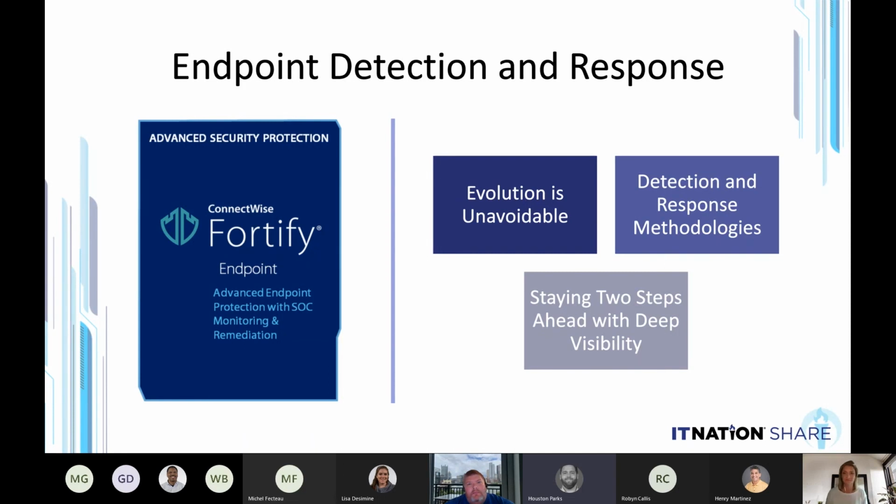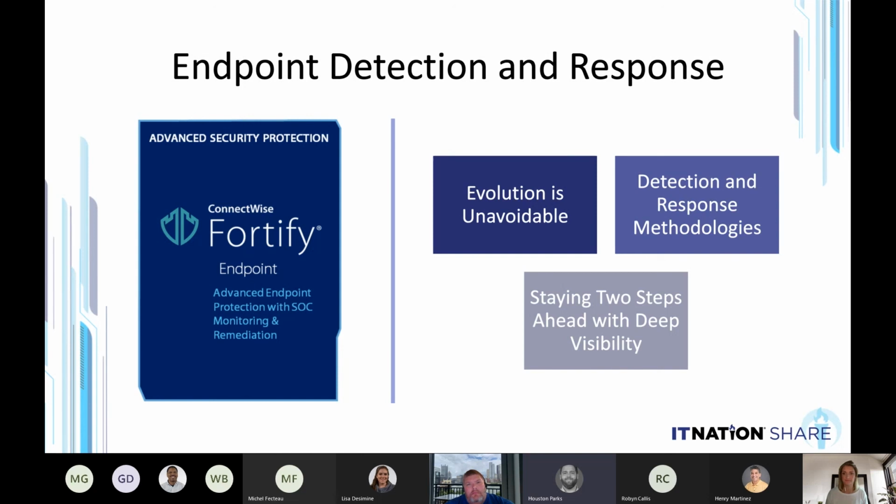enables the MSP as well as the SOC analyst with the ability of essentially eliminating any kind of local communication as well as outside communication from that endpoint. But the agent on that device has been designed and engineered in a way that enables SOC analysts and MSPs to actually perform remediation functions.